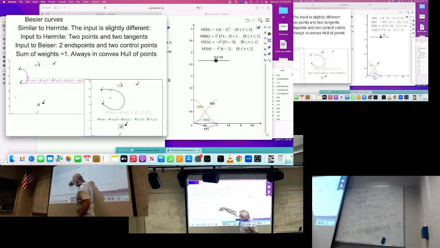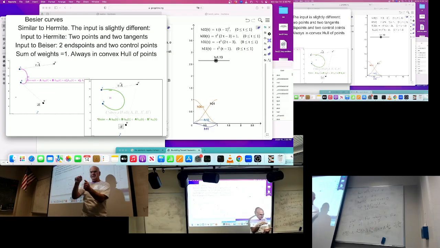We also said that the whole curve, or the segment of the curve, is in the convex hull of these four guys. Remember, the convex hull is finding the smallest polygon that contains these four guys, like putting a rubber band around these four guys and letting it snap.